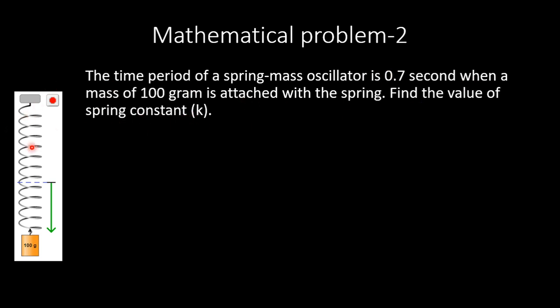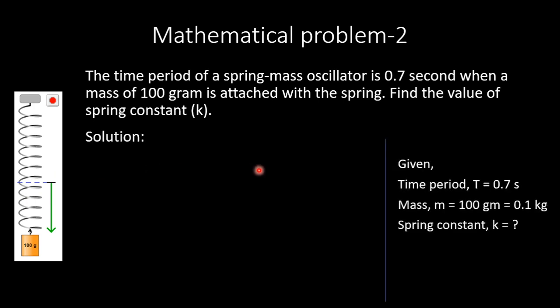So you are given a spring and you have loaded 100 grams mass at the bottom of it, and it vibrates upward and downward, requiring a time of 0.7 seconds to complete one oscillation. You have to determine the spring constant value k. So we have the given information: T equals 0.7 seconds, mass m equals 0.1 kg.